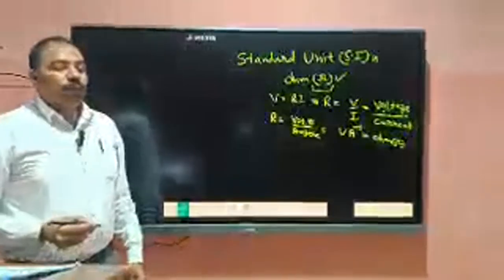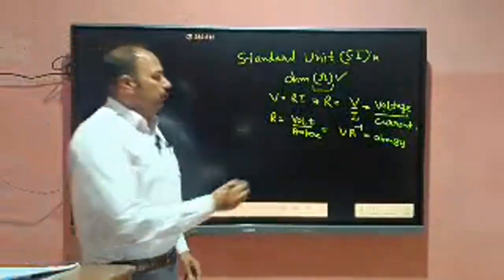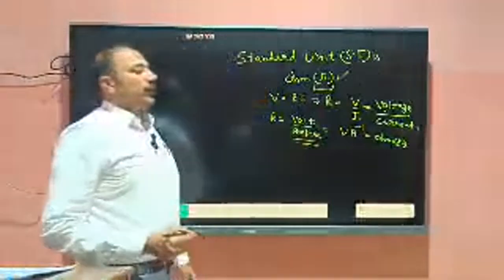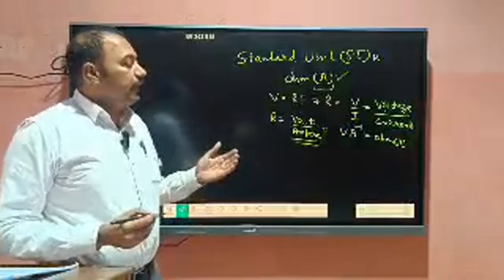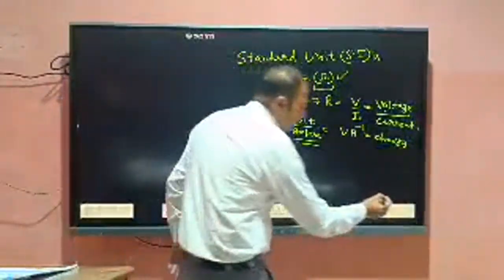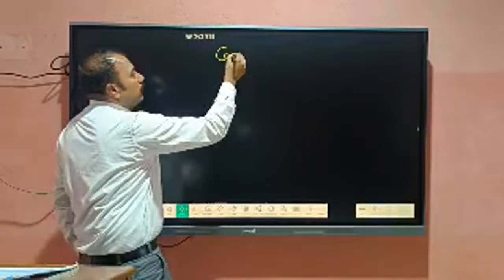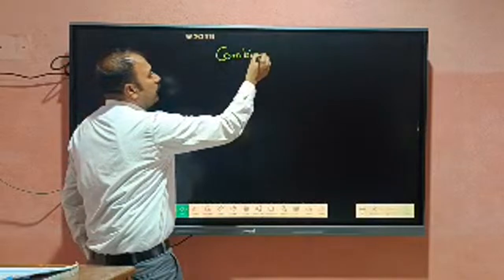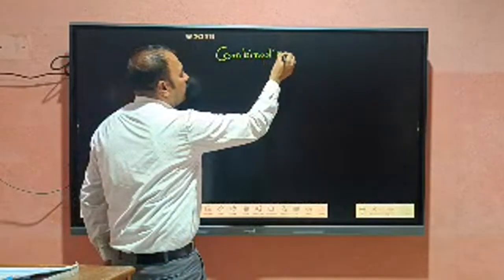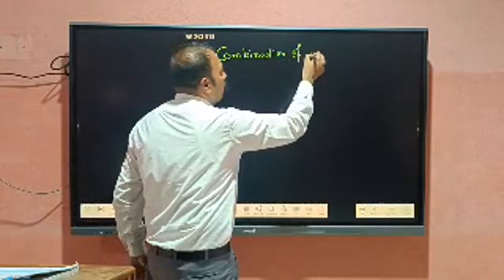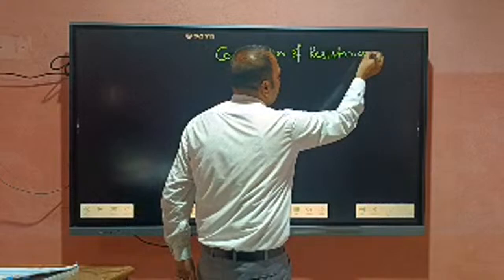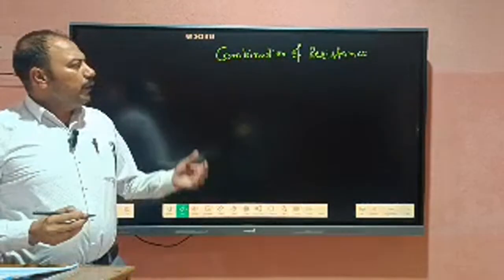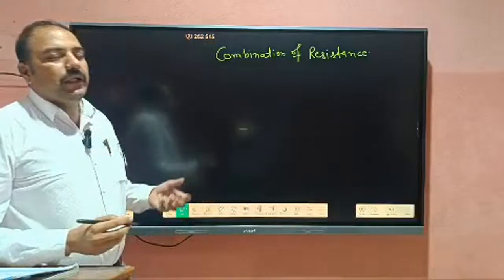So these are important concepts, sometimes asked in boards. So what is the SI unit of resistance? Ohm. So next we study about the combination of resistances in series and parallel. Combination means many resistors are connected in a circuit.